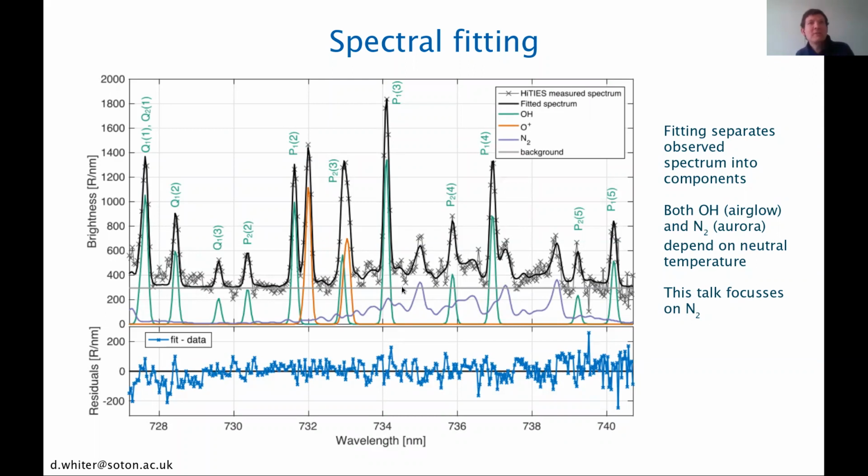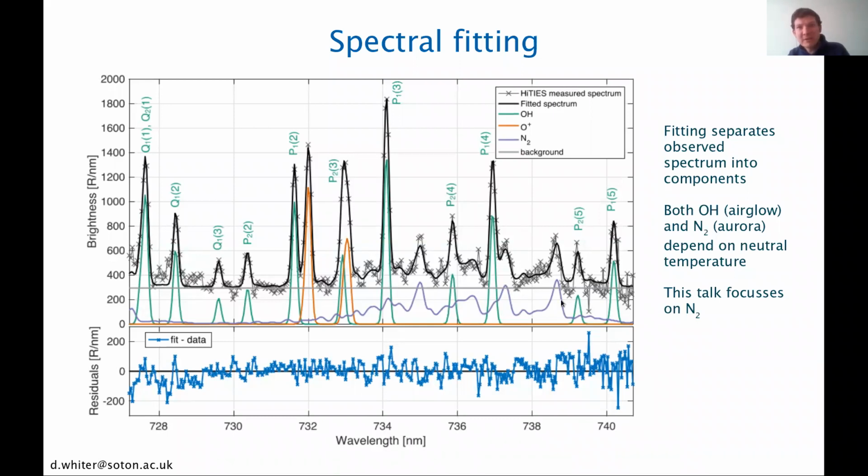It's not aurora, that's airglow. The orange is O+ emission, which is aurora from low energy electron precipitation, and the purple is N2 aurora, and that's the one I'm going to be focusing on now. And then there's a grey constant background, and the black line is the sum of those, and you see in this case it fits well. So we've separated out the OH, O+, and N2 components, as well as this constant background.